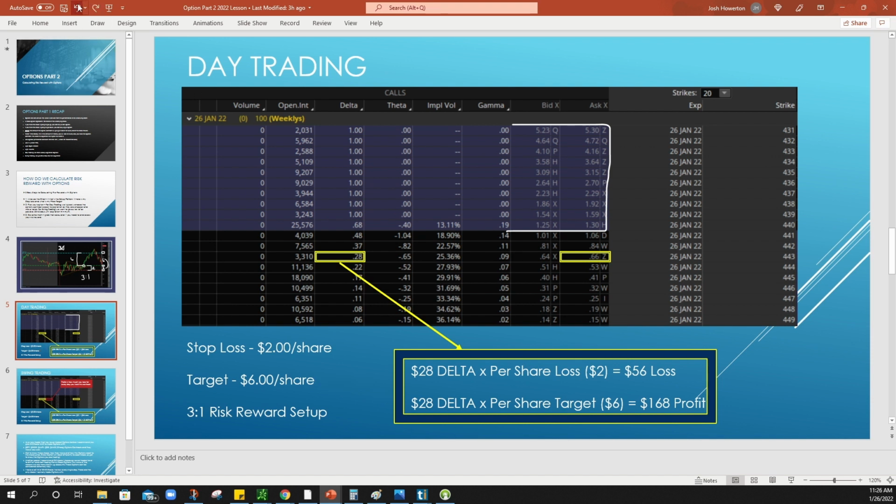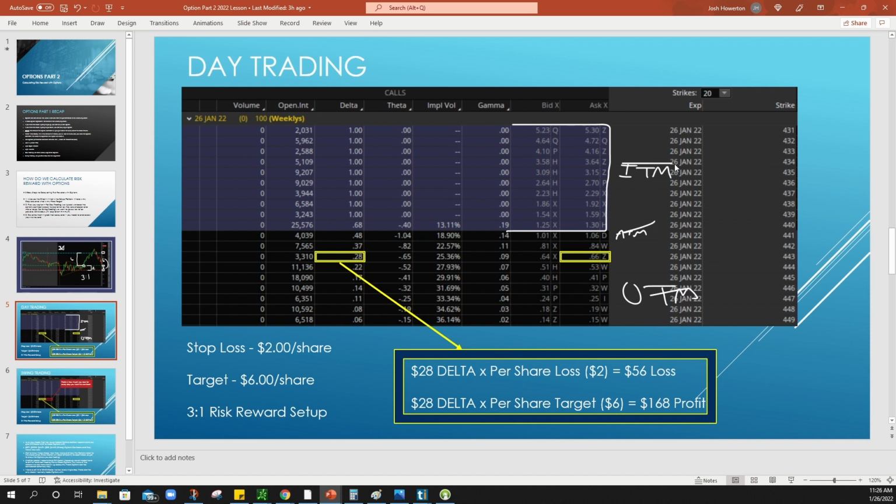Seriously, it's that easy. Options can be intimidating. Look at all of these numbers. Look at all of this stuff moving. It looks like a big old Christmas tree half the time, right? Do I go in the money? Do I go at the money? Do I go out of the money?